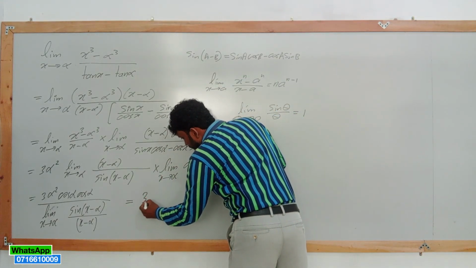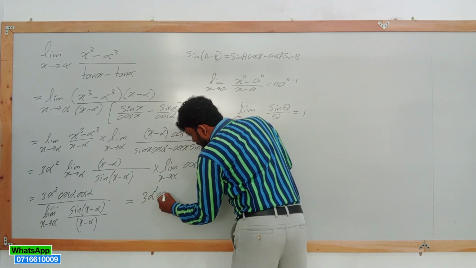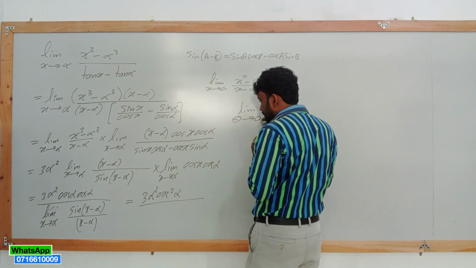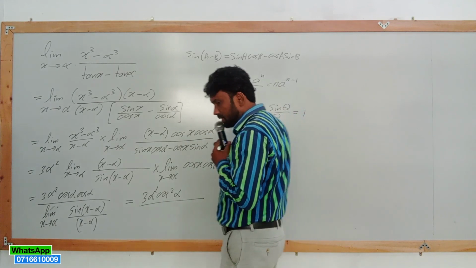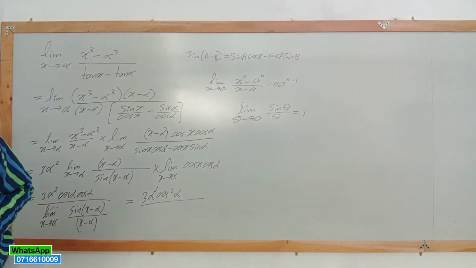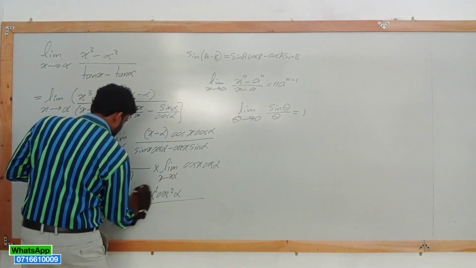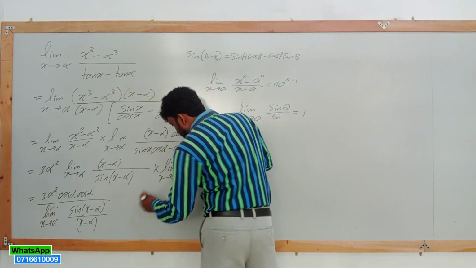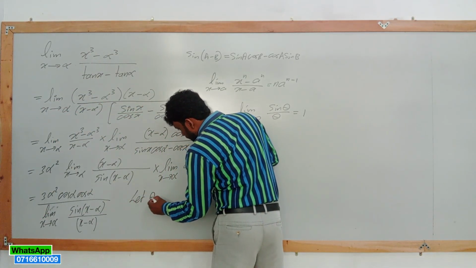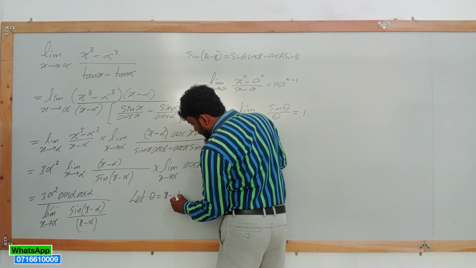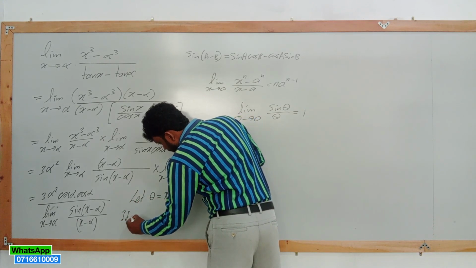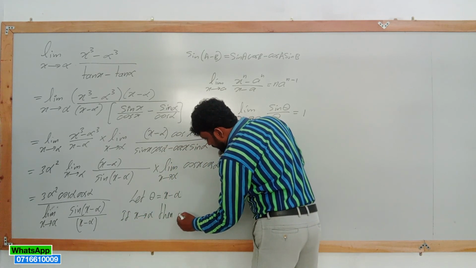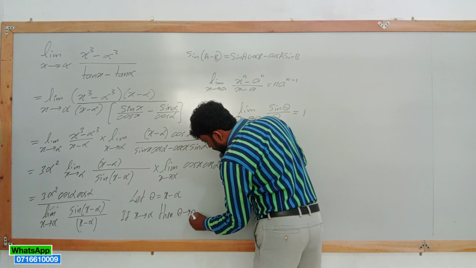Here again, 3 alpha square cos square alpha divided by... What about? You have to say something about that one. Let theta equal x minus alpha. If x goes to alpha, then theta goes to 0.